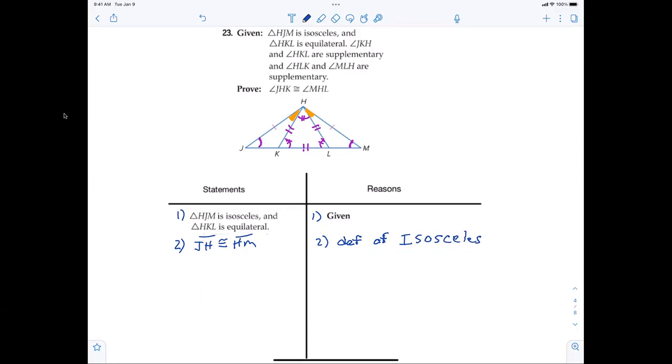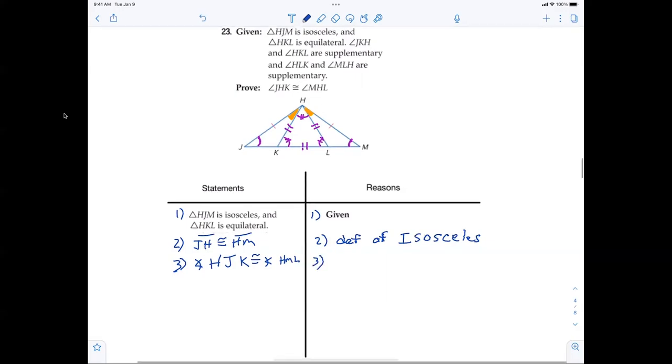All right, so now what else? Go. Okay, so we're going to say angle HJ, M or K? Either one, right? Angle HJK is congruent to, yes, HML.